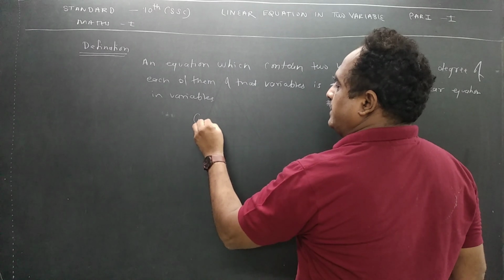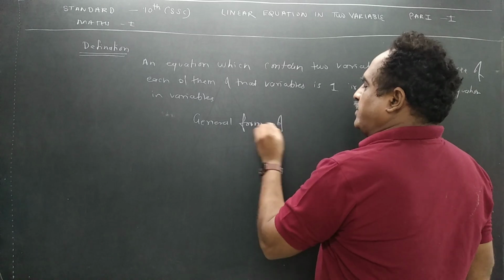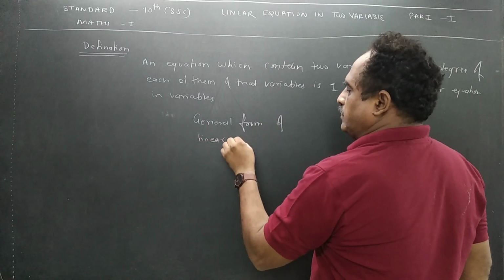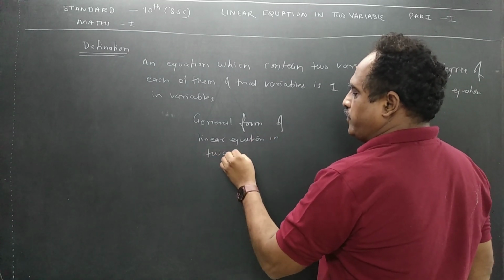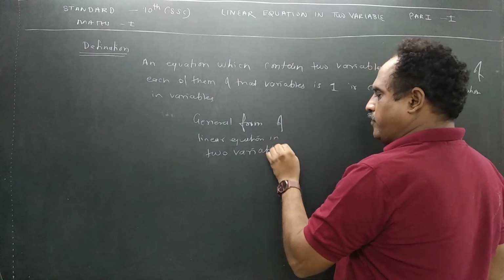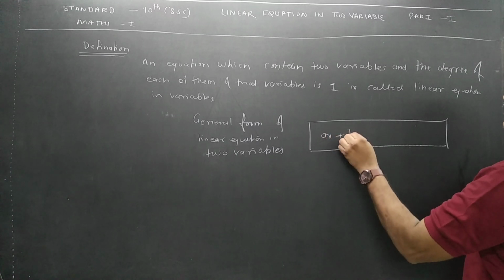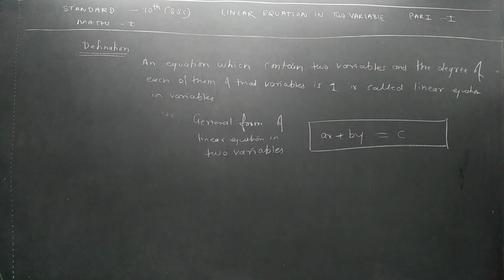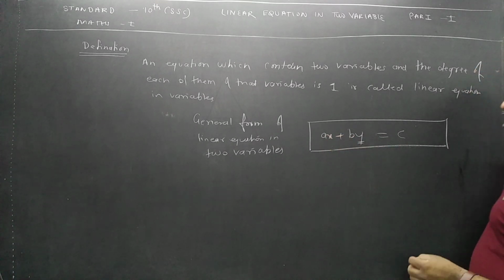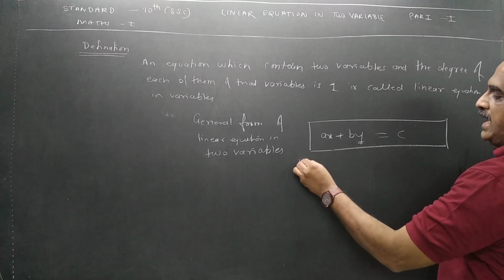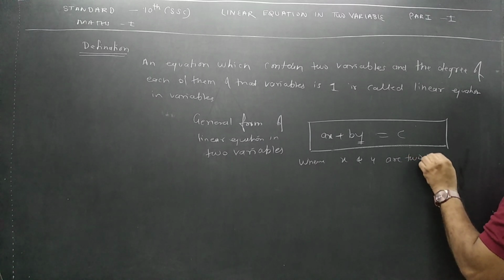General form of linear equation in two variables is ax plus by is equal to c. See, this x and y are what? Two variables.